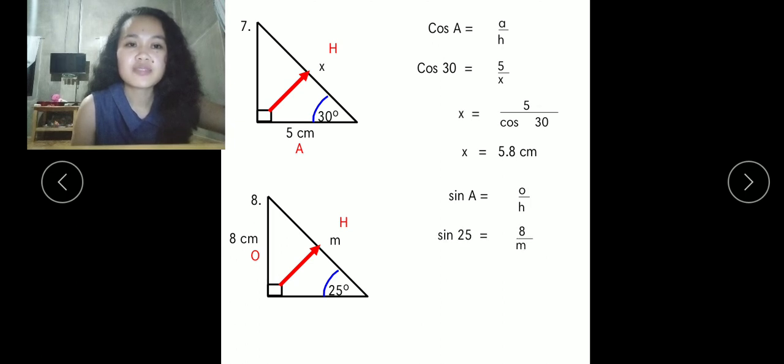So sine 25 equals 8 over m. So swap m with sine 25. So that is m equals 8 over sine 25. So m is equal to 18.9 centimeter.